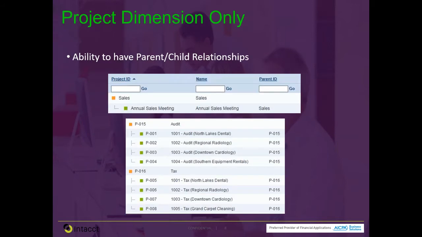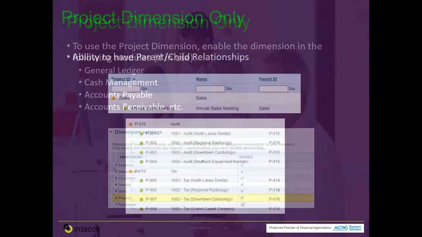We also have the ability to support parent-child relationships. So if we were doing an audit for General Motors, but within that audit, we broke that down into sub-projects, maybe based on divisions, Saturn, Buick, Cadillac, we can also support the child reporting, parent-child reporting.